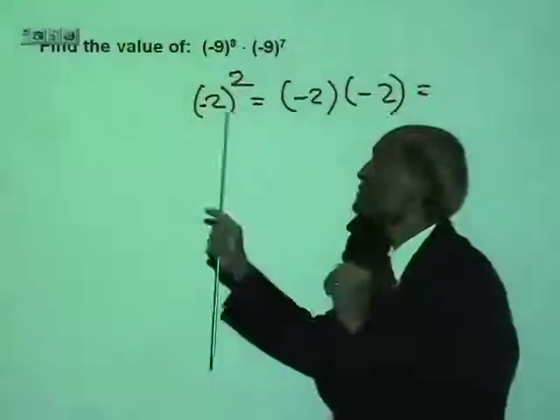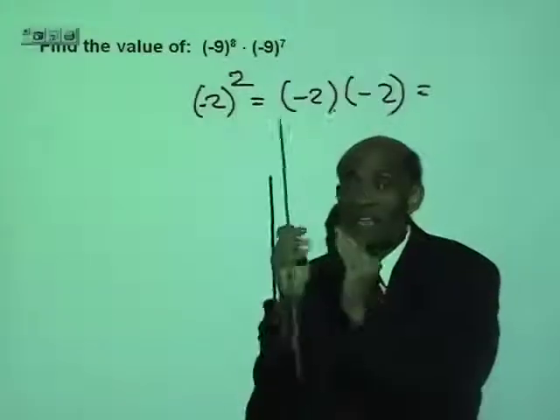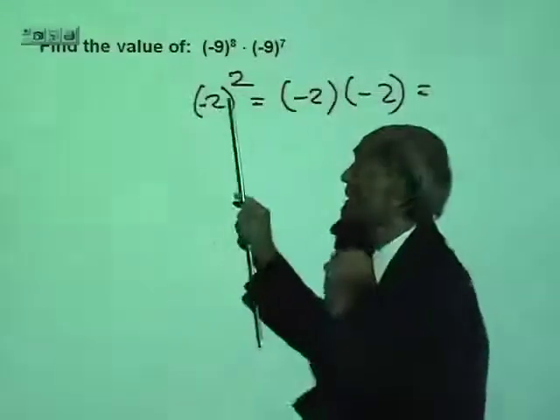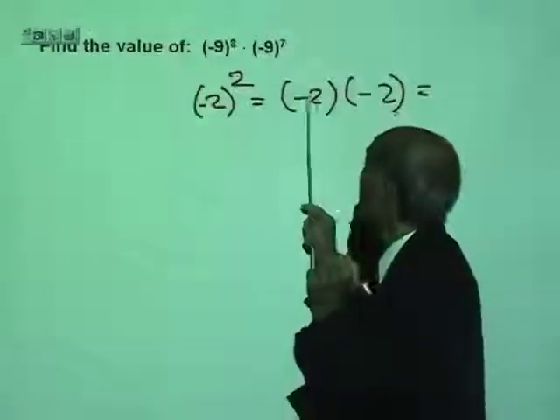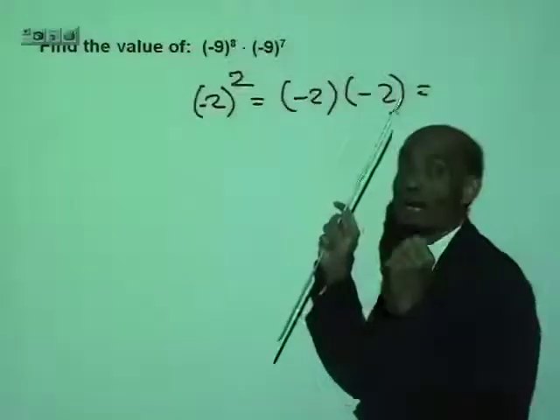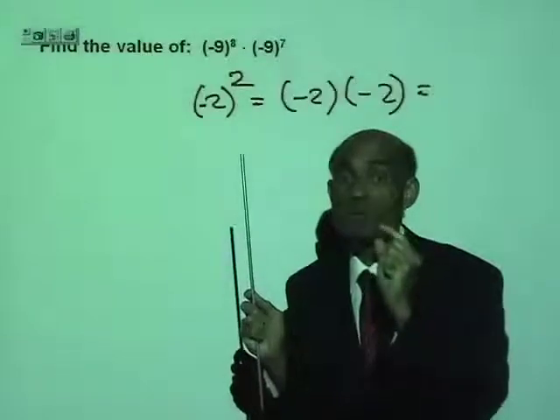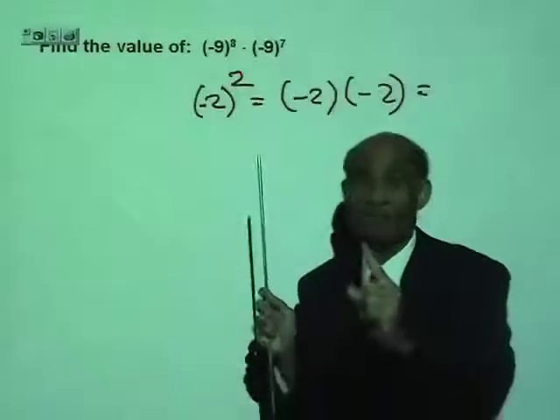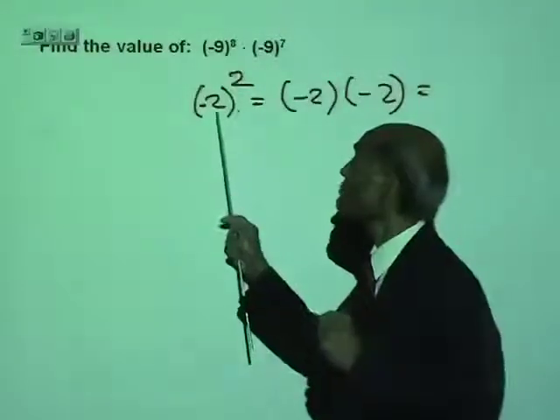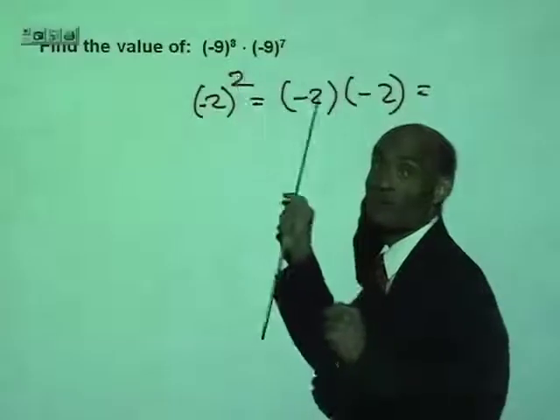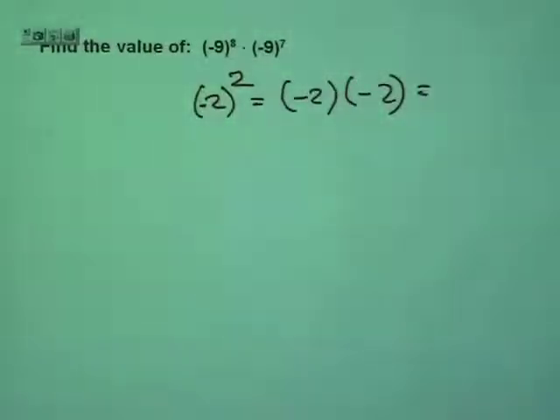That means it is the negative 2 that is repeatedly multiplied. Negative 2 multiplied by itself twice. A negative number multiplied by a negative number is a positive number. So negative 2 raised to the power of 2 is negative 2 times negative 2, that is positive 4.